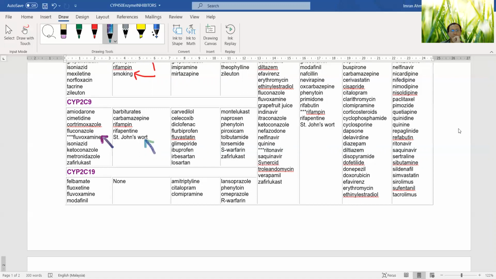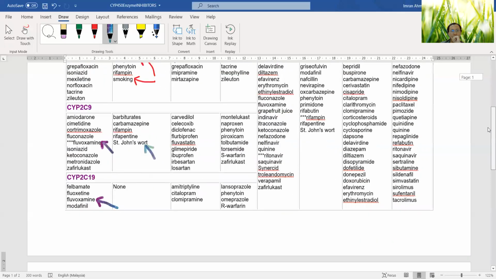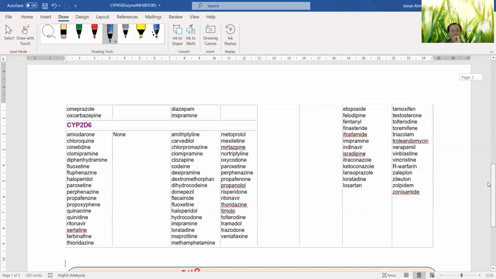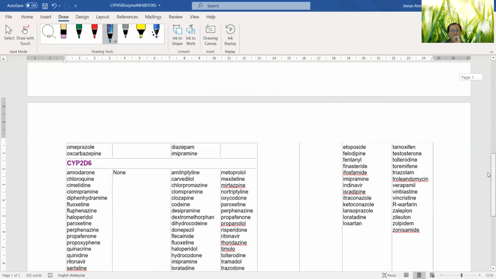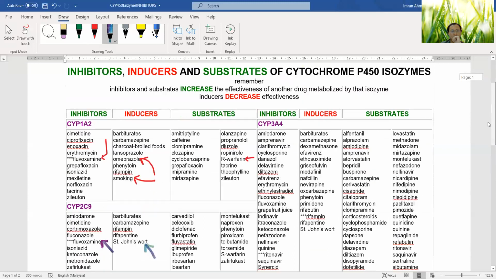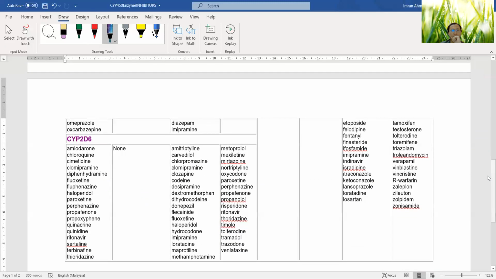Let's look at the next one. In CYP2C19, again fluvoxamine is there. Oh, sorry, that's a substrate, not an inhibitor. Another substrate is imipramine, a tricyclic antidepressant.